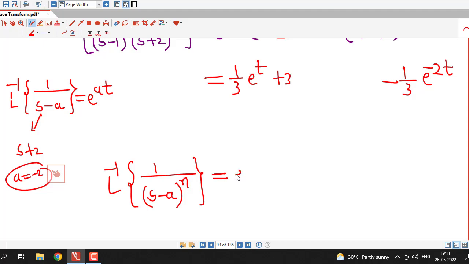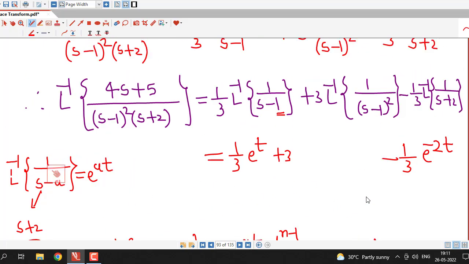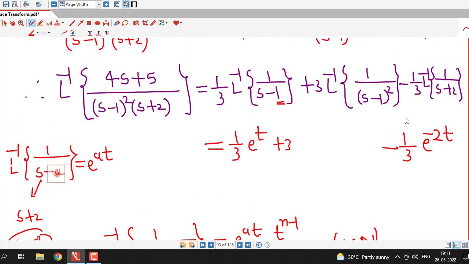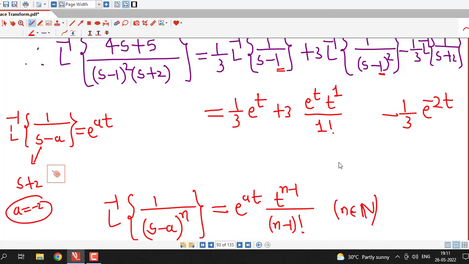If you recall, this is e raised to at times t raised to n minus 1 divided by n minus 1 factorial, if n is a natural number. Here the value of n is 2, and s minus 1 is there, so we take a equal to 1. So this is going to be e raised to t times t raised to n minus 1, with n equal to 2, so we have t raised to 1 divided by n minus 1 factorial, that is 1 factorial.